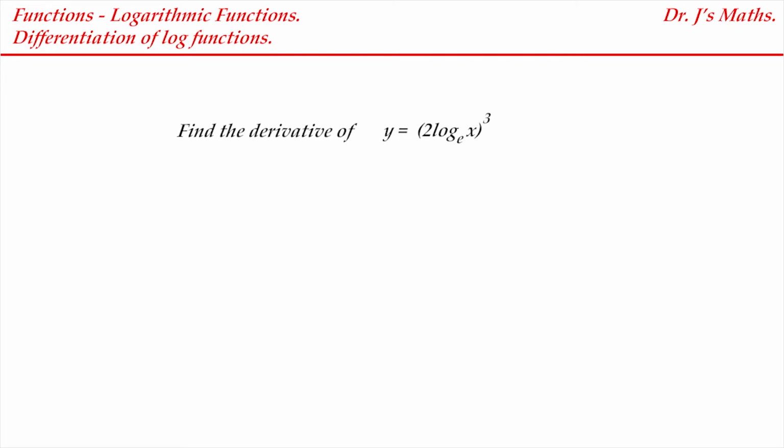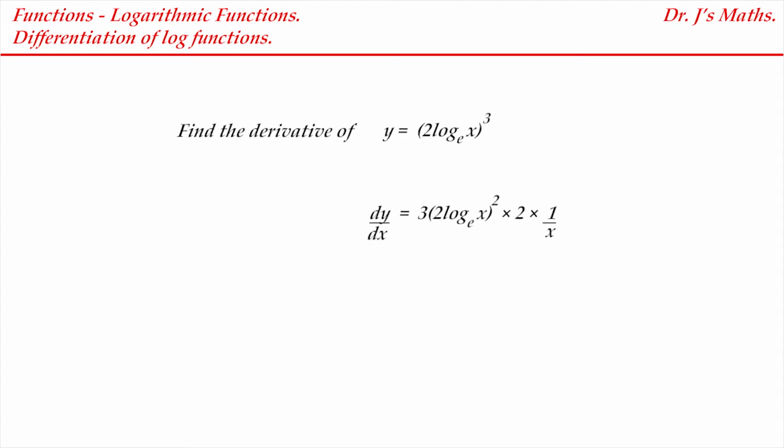Now in the next example, we're going to find the derivative of y equals bracket 2 log x to the base e all cubed. Now remember the structure, everything is cubed here. So therefore you can use our chain rule in an ordinary way that we did before.